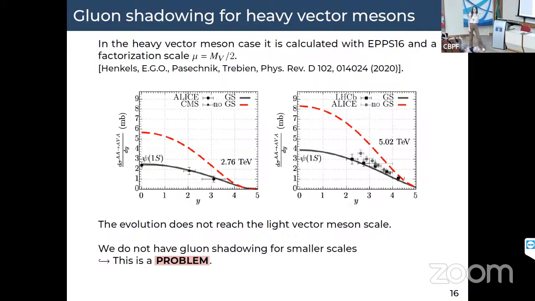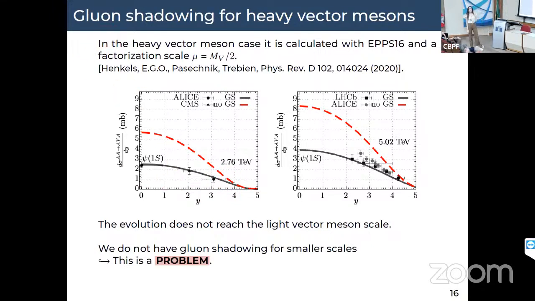We did this in a previous work, but we did it for heavy vector mesons. There we calculated that RG factor with the PDF EPPS16, and we used a factorization scale of the mass of the vector meson divided by 2. With this approach, we got a good description of the available data for psi 1S at 2.76 TeV and 5.02 TeV.